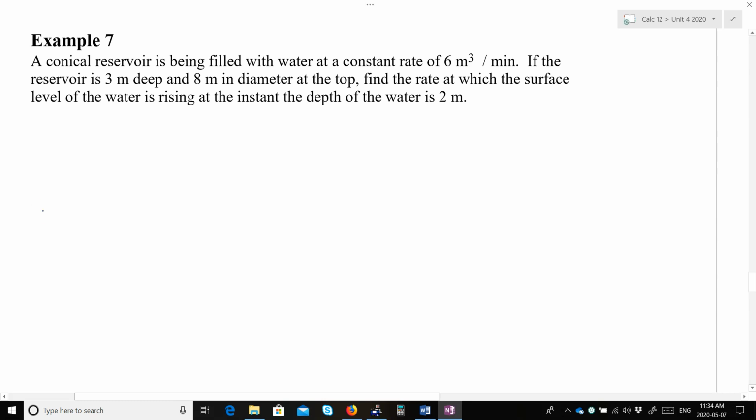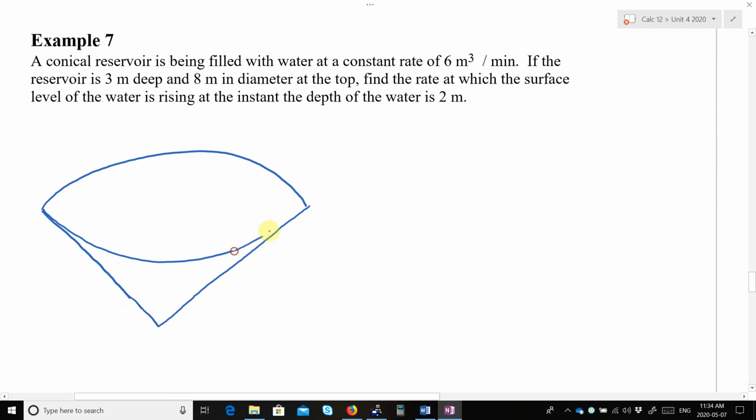Okay, so conical reservoir. Conical means like a cone, right? A nice conical reservoir like this. I didn't draw that particularly well.